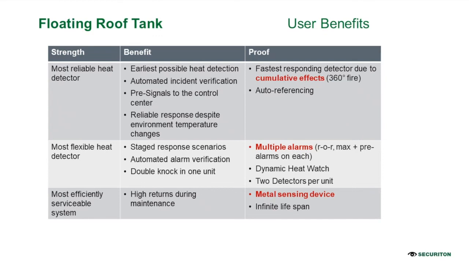It also has our auto-referencing, and we don't have any issues with climate changes, and it is the most flexible heat detector, because multiple alarms are available, ROR, as well as pre-alarms, and all the relevant relays are also available to work with double knock and other relevant information. And because it's a metal sensing device, it obviously goes into a longer lifetime of the device itself, because stainless steel and copper can last longer, and it will not have saturation issues in terms of workability or its functions.